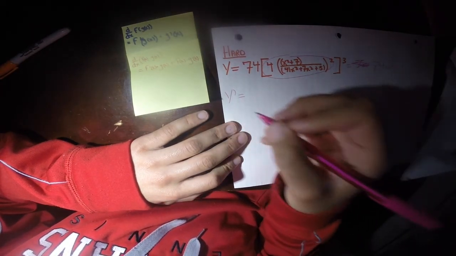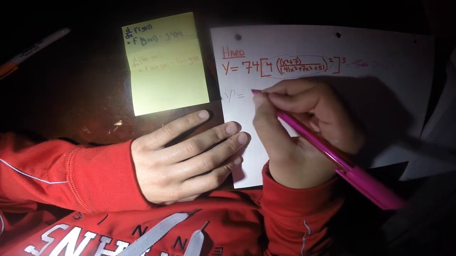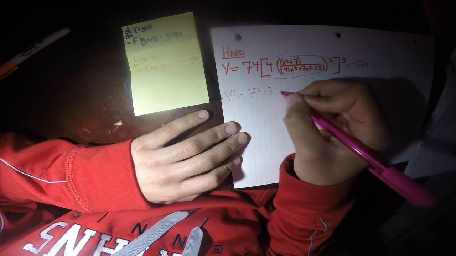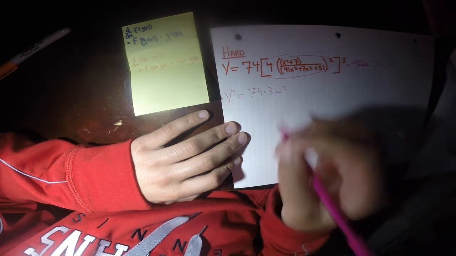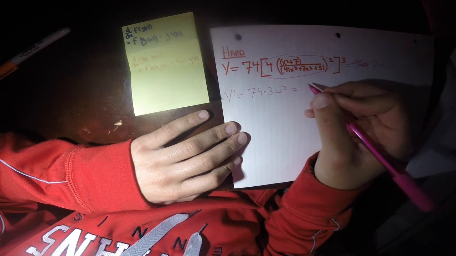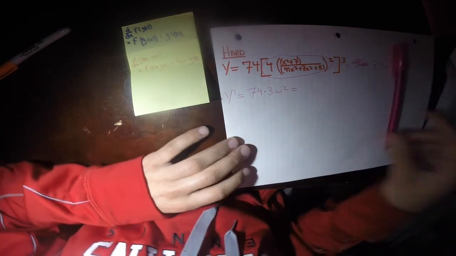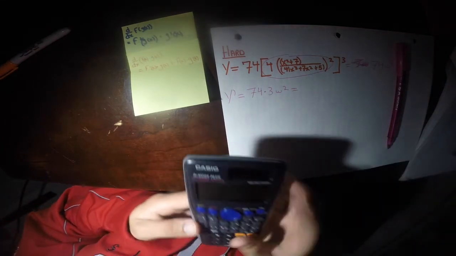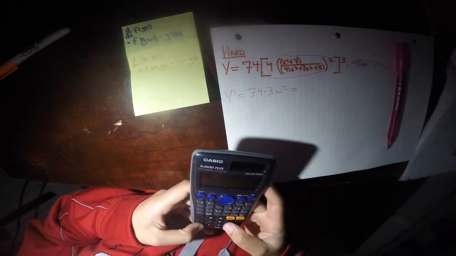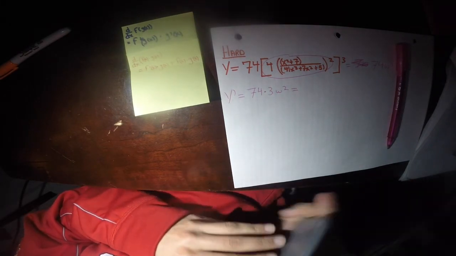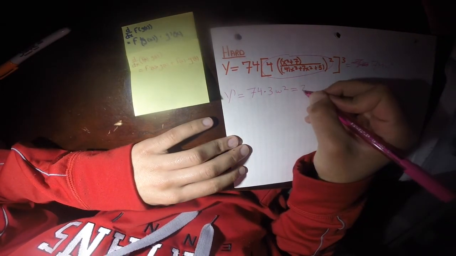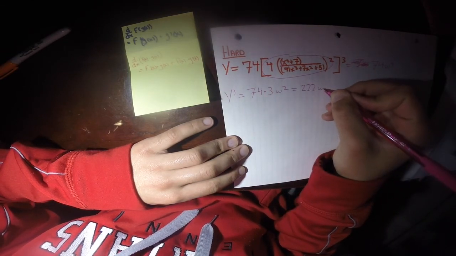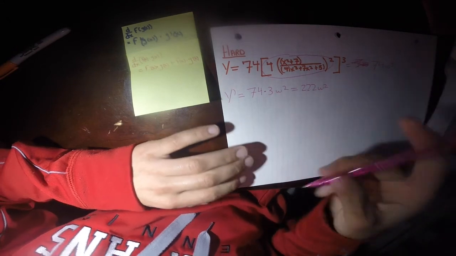Now I bring the 3 down. 74 times 3 times w to the power of 2, because 3 minus 1. And that would also equal, let's see, 74 times 3. I believe that'd be 2219. Let's just double check just in case. Oh, 222, my bad. 222. So you get 222 w squared.